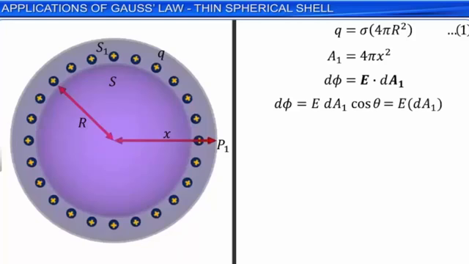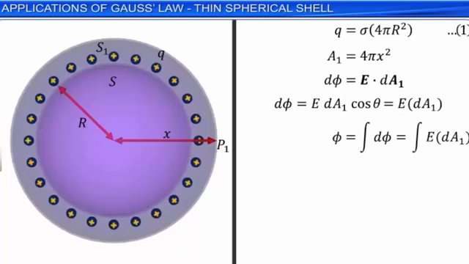Here, as E and dA1 are parallel to each other, theta is 0. Cos 0 is equal to 1. Therefore, d phi is equal to E dA1. The total electric flux phi is now equal to integral d phi, which is equal to integral E dA1.